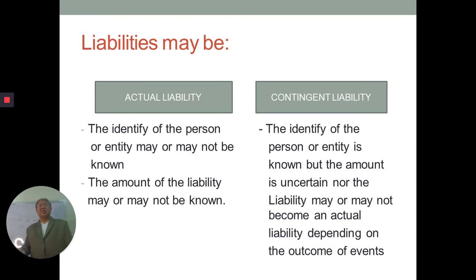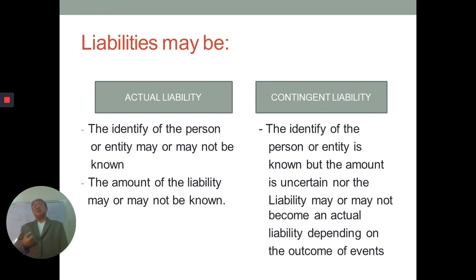Now, what are the liabilities where the exact amount is not known, nor is the party to whom you have an obligation known as of the moment? But you know that you have an obligation. Those are the types of liabilities that we call estimated liabilities.